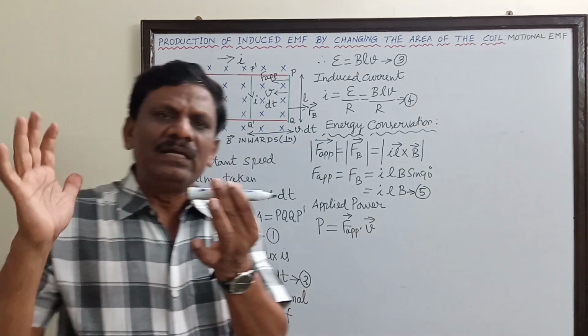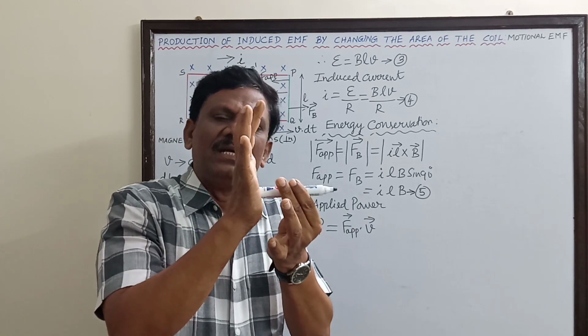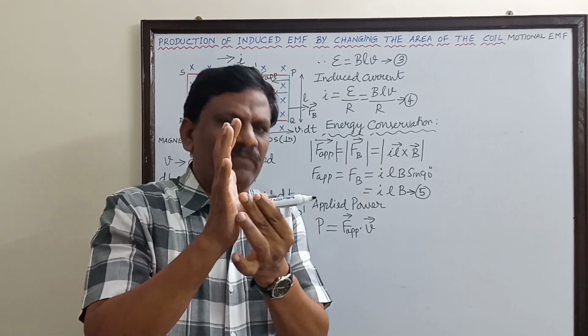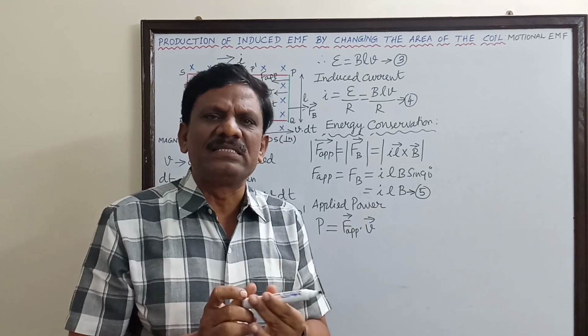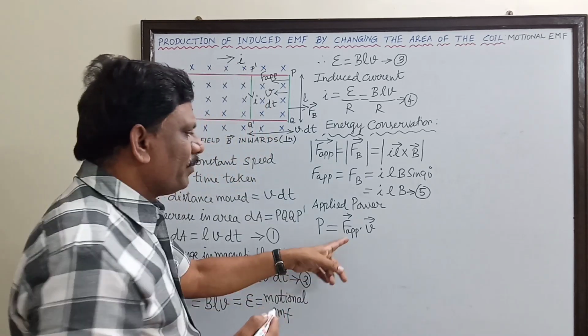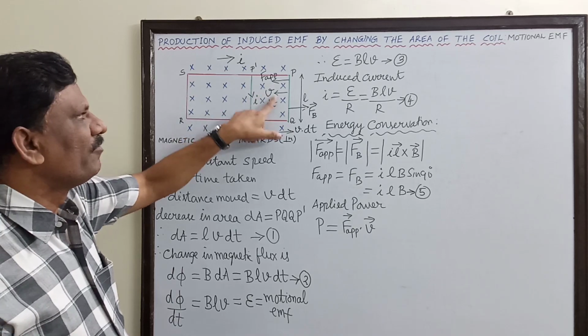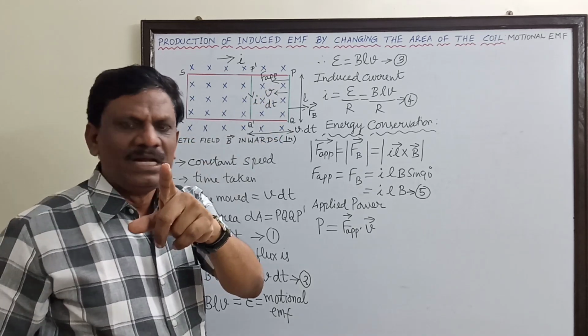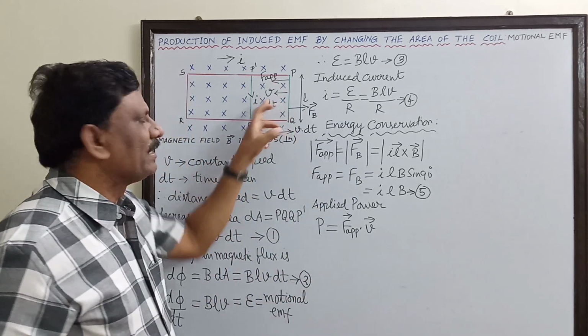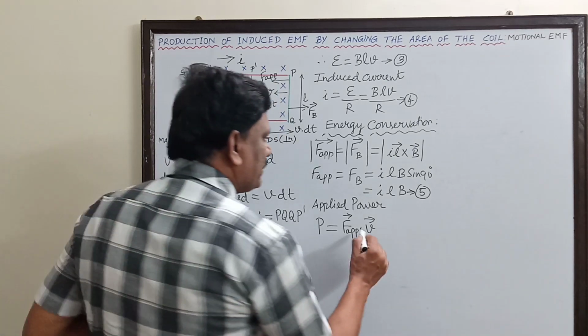We are applying a force so that the conductor moves with a constant velocity. You can see here the velocity as well as the applied force are both in the same direction, is it not? So what is the angle between these two vectors? 0.